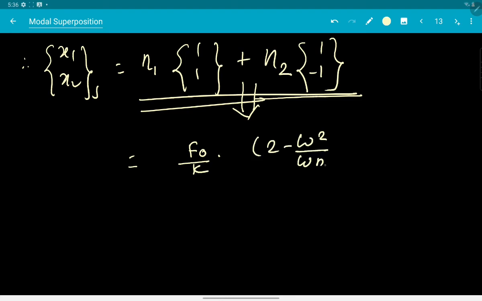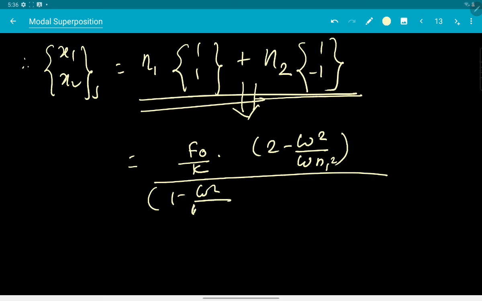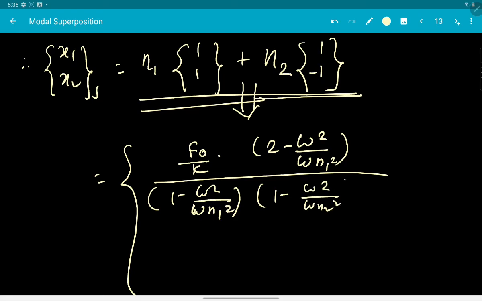divided by 1 minus omega square by omega n1 square, 1 minus omega, this is the first term, and 1 minus omega square by omega n2 square it will be. The second one comes out to be equal to f0 by k or f by k, whatever we have written previously.